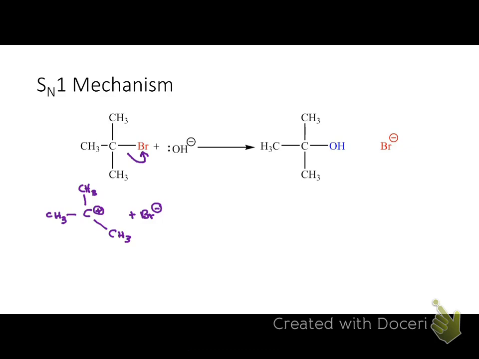But in this step, what did we just do? We broke this bond, right? This is the slowest step in the reaction. And it's slow because you have to break the bond, so that requires the most energy. Everything that follows after that is fast, relatively speaking.